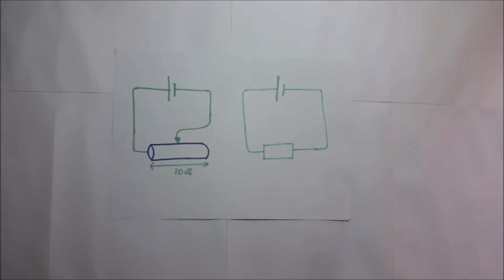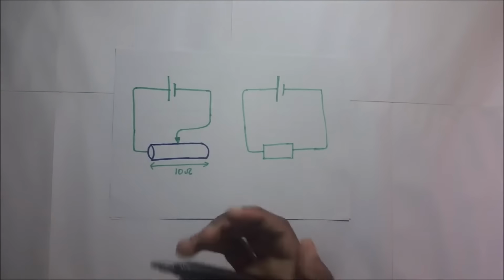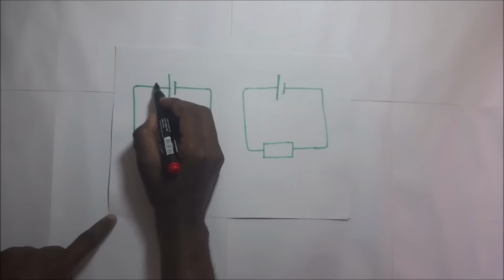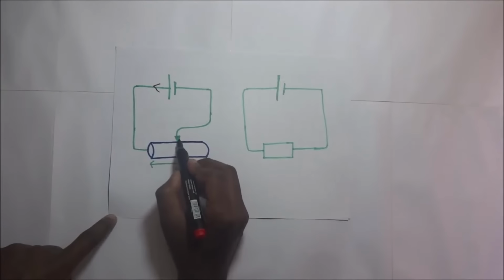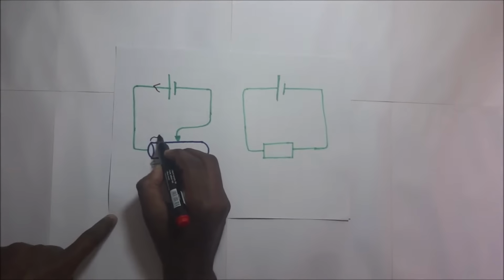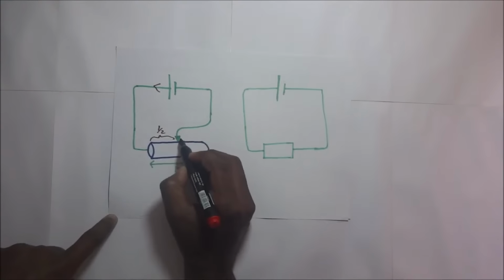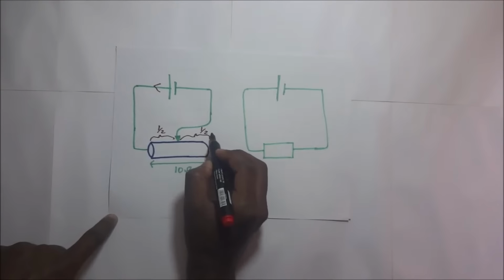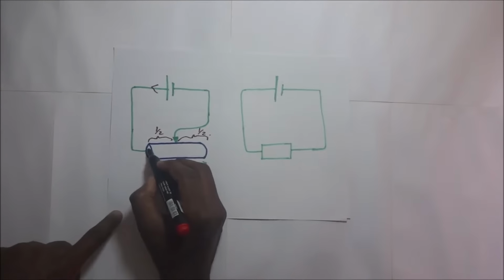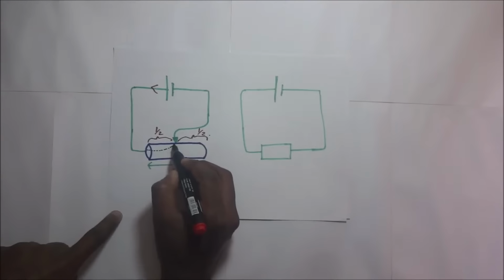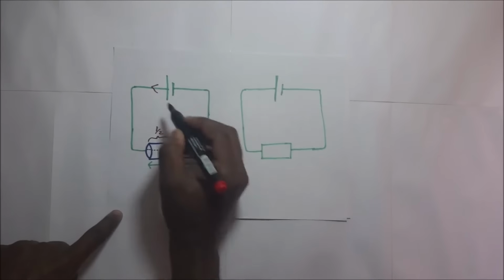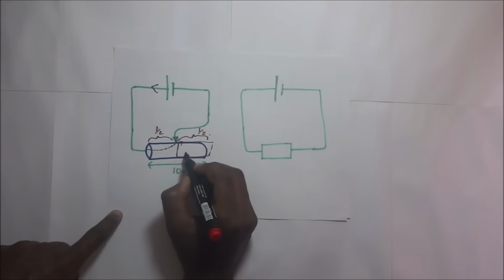If this is our cell, for example, we know that current is flowing in that direction, and if that slide wire is, let's say, halfway, it means that current will come and only flow like that, leaving this other part redundant.